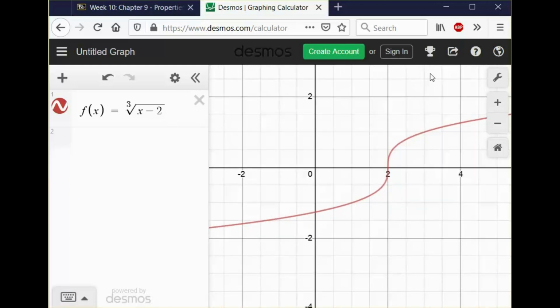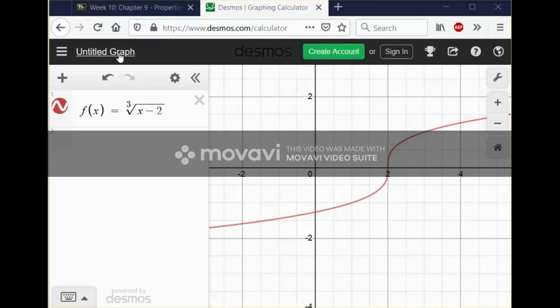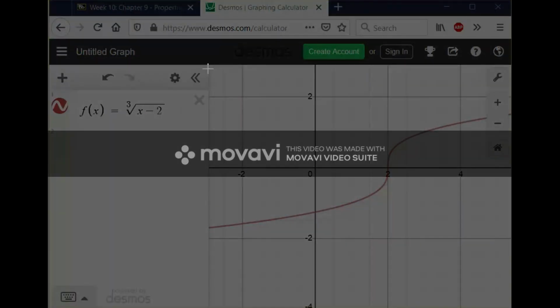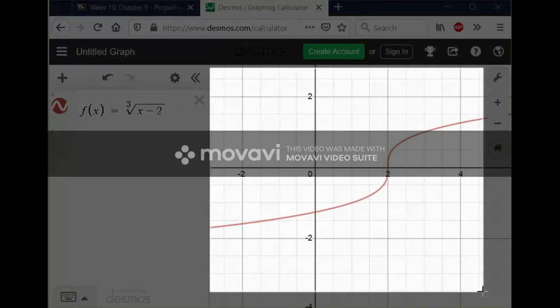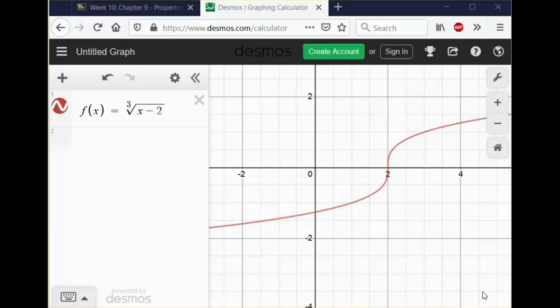And remember, in Desmos you can get a link to this graph, or you can take a screenshot. I like the screenshot method because you can then see it while you're answering the questions about it. So I'm going to just go ahead and take a snip of it.